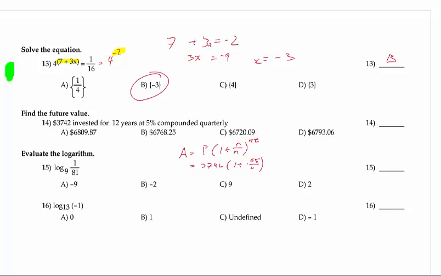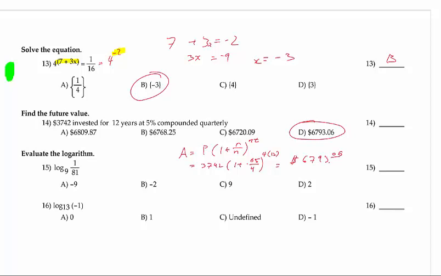So that's a 4, raised to the 4t, and t is 12 years. So you plug that into your calculator and you should get the following result: 6,793.06. Your answer is D.